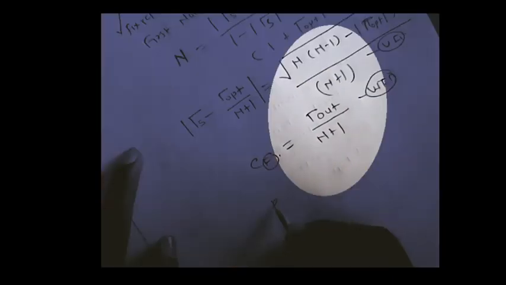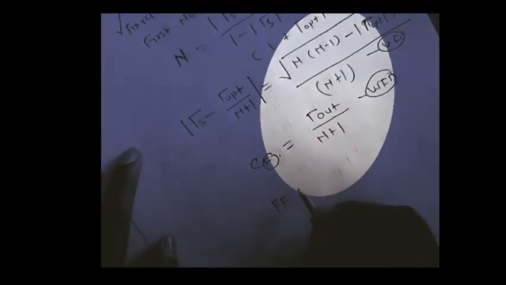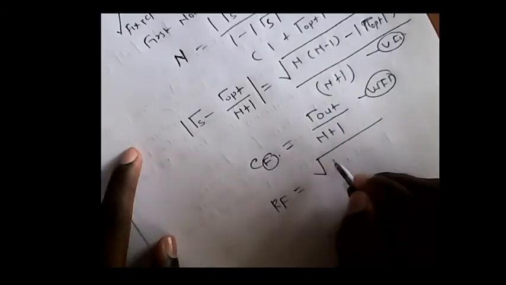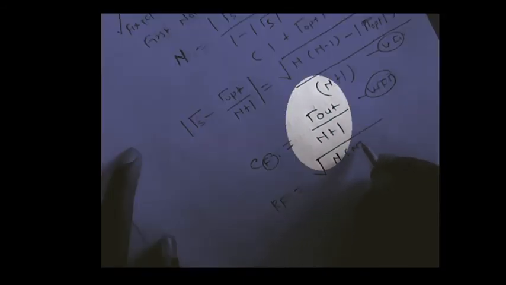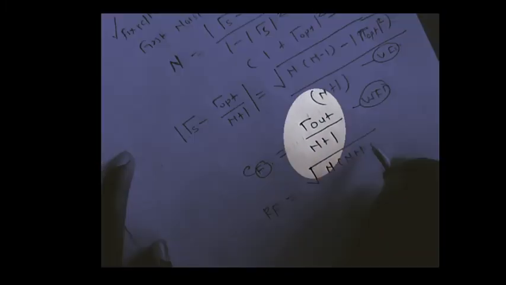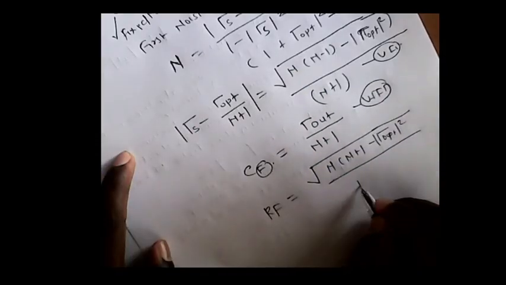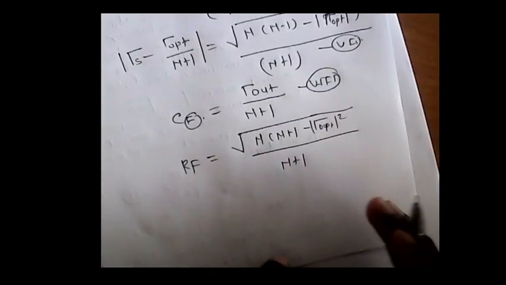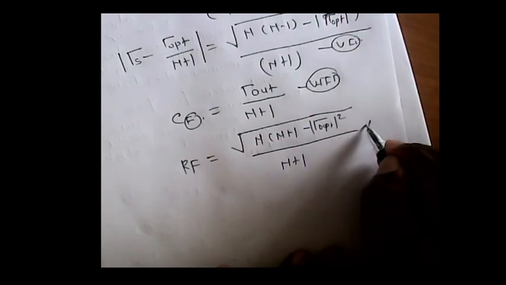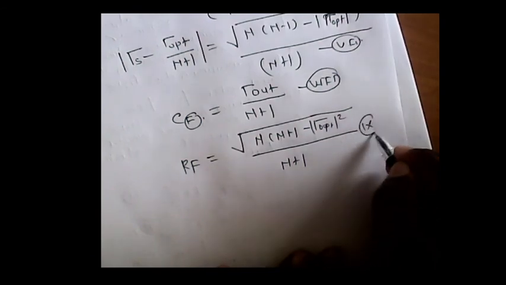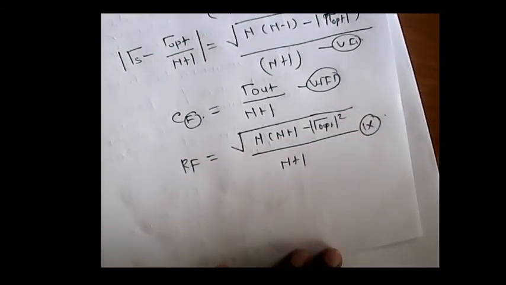Similarly, we can find out the radius of this noise figure circle on the Smith chart, which is given in terms of n: square root of n into n plus 1 minus gamma optimum square divided by n plus 1. So this is equation number 9, which gives the radius.